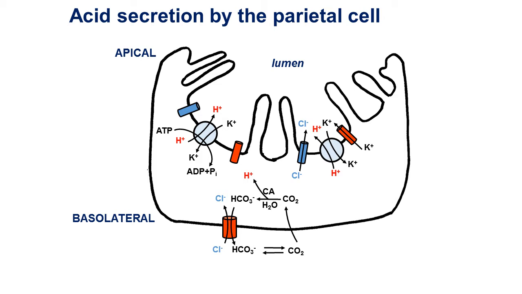There are many hundreds of different transport proteins. Some have very specific functions for only specific cell types, while others may have very general roles and can be found in many different cell types. So these transport proteins are really very important for basically all cell types in the human body.